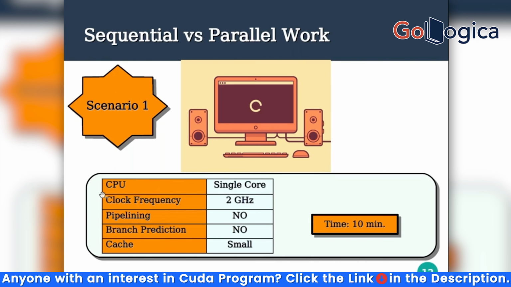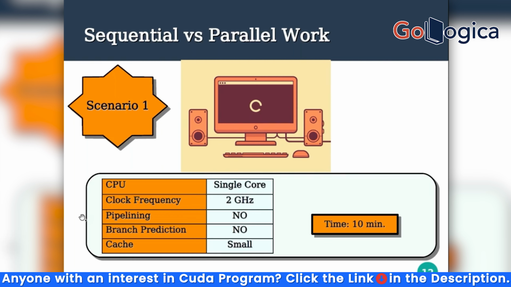And its efficiency is nothing but your clock frequency. Let's assume 2 gigahertz. Don't worry if you're not able to recall clock frequency and pipelining, we'll go into the details. So based on this clock frequency, the efficiency of the CPU core is determined.